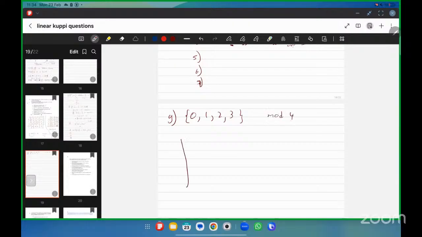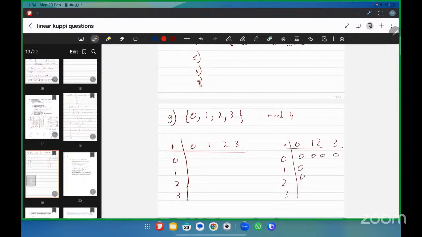The addition has no problem. The problem is with the multiplication.